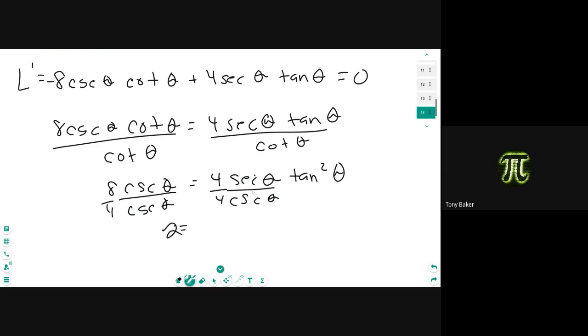Cosecant is sine, secant is cosine, so it's really sine over cosine, which is tangent. So I have tangent to the third theta.